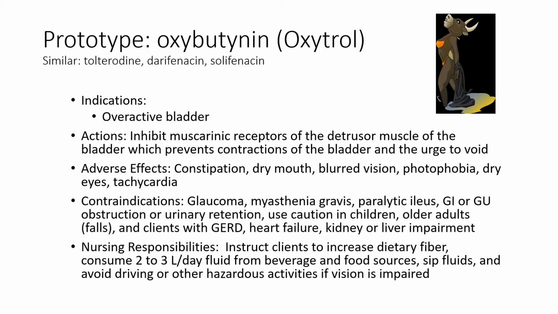Okay, contraindications, same thing. Who would you avoid this in? Acute angle closure glaucoma. Definitely, if someone had myasthenia gravis, you wouldn't want to block the acetylcholine. Certainly, if someone had an ileus, where your bowel isn't moving food or fluid through it.